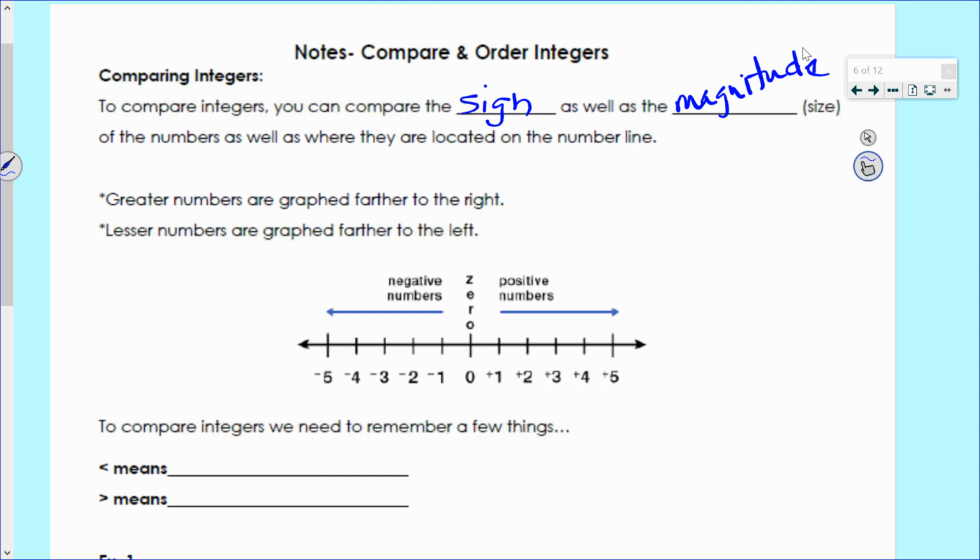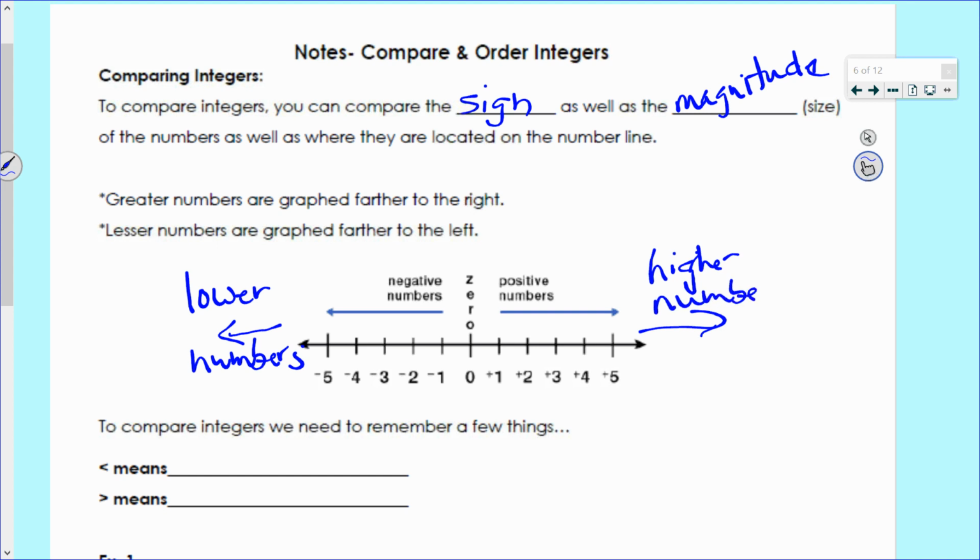As a side note, negative numbers or lower numbers go to the left. Higher or bigger numbers go to the right. Again, the further right I am on the number line, the bigger it is.